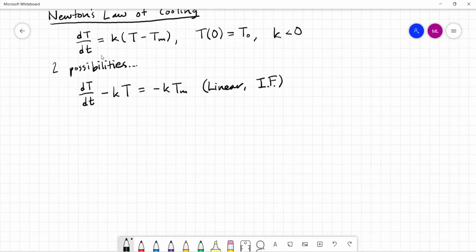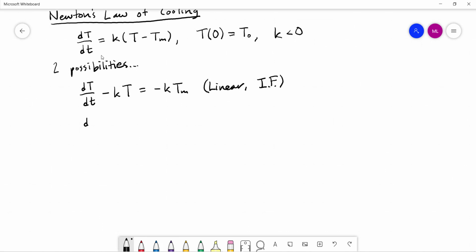So our second possibility is we could rearrange this equation to look like dT over (T minus Tm) is equal to, on the right-hand side, k dt. Again, that's just multiplying both sides by lowercase dt and dividing by the stuff in the parentheses. And so it is clear that it is also separable.